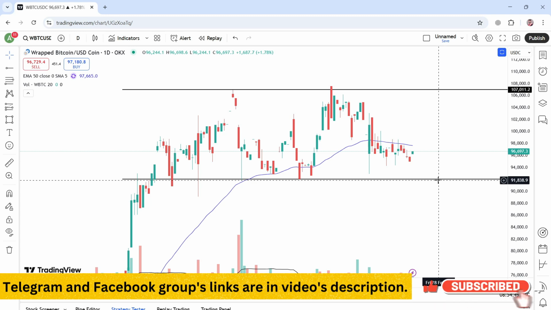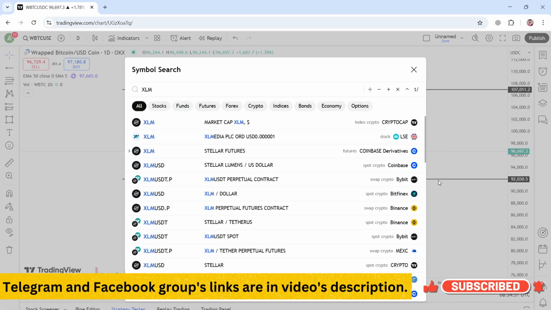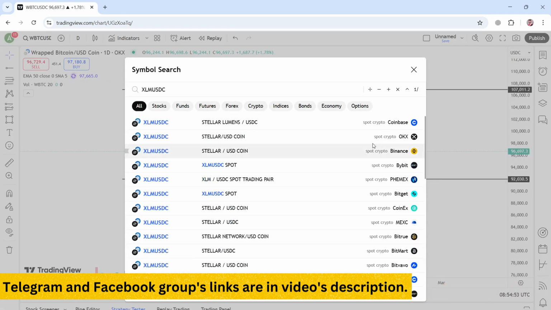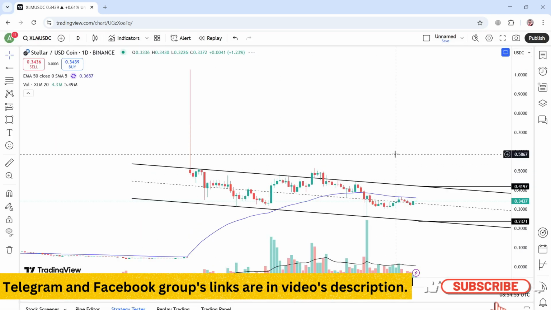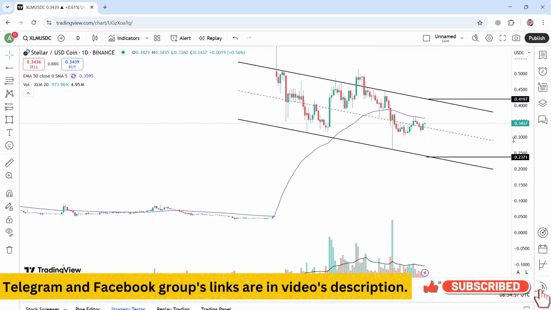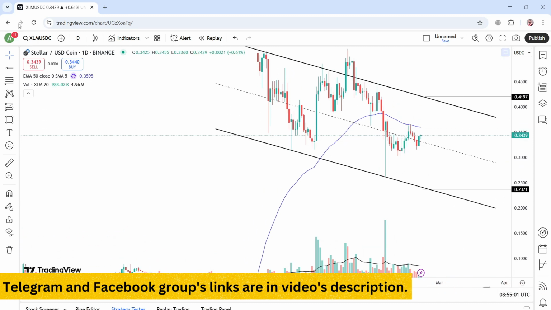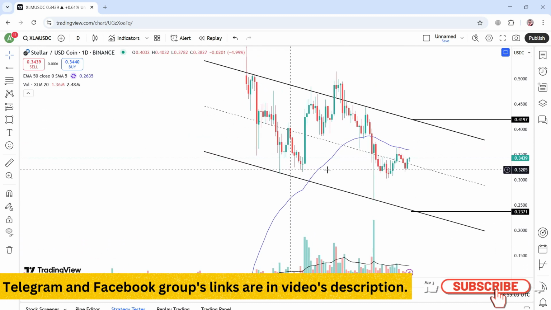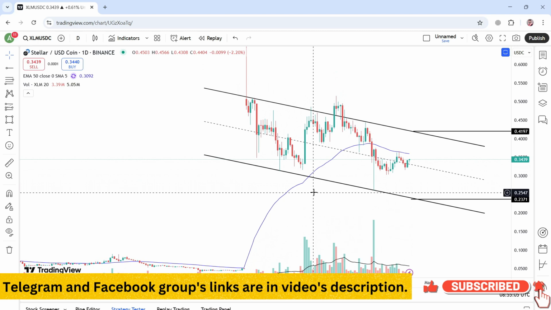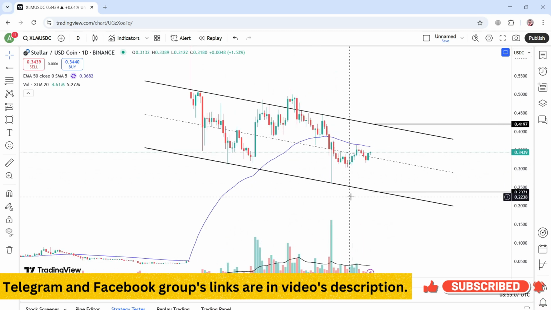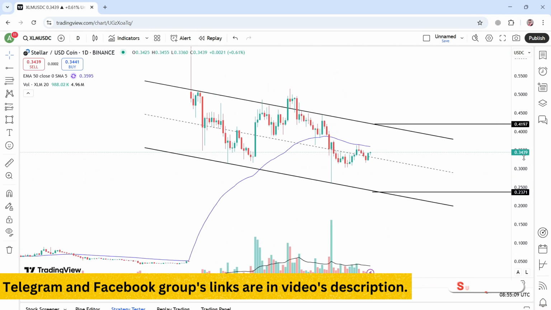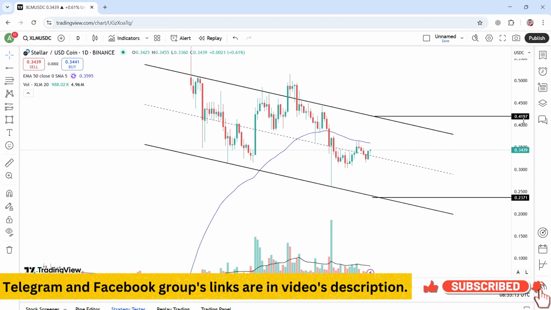The next coin is XLM. If we look at the chart of XLM against the USDC, currently it is consolidating in a channel formation where its current price is at 0.3439, its resistance is at 0.4197 and its support is at 0.2371.